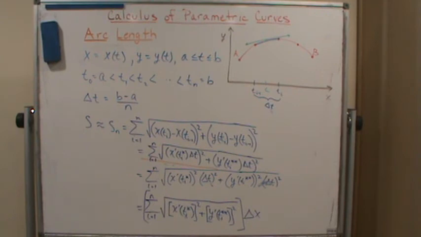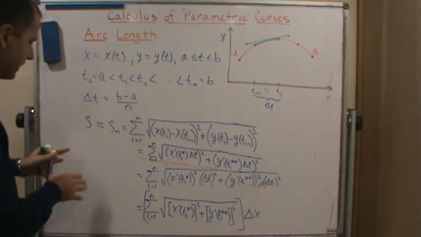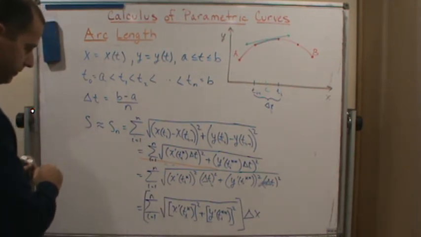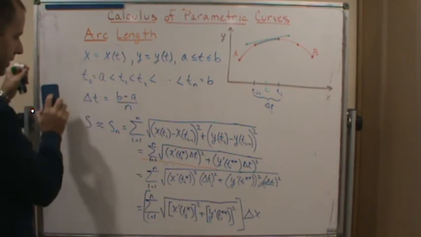So we're going to take the limit of the partition. So as n approaches infinity, we get the exact arc length. So now we're going to take the limit of this. So what happens there?